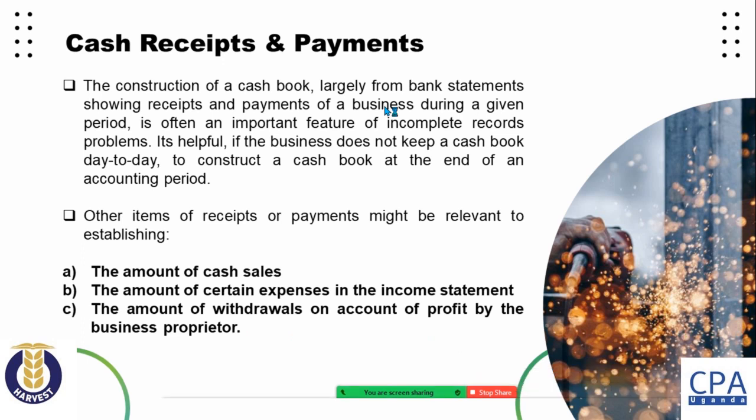I can be able to tell that I've made a profit of this much on this transaction. So in most cases, business owners tend to draw that money that has been made on a transaction, but the recording may not be done. So we can do this when we construct our cash book.